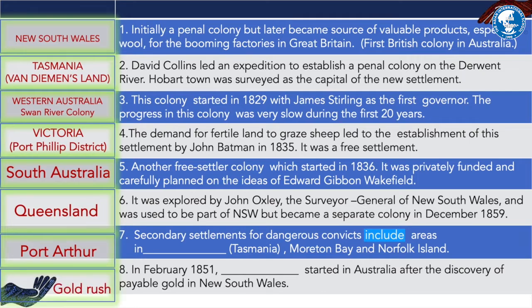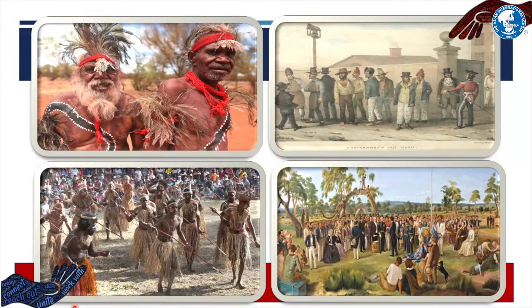Okay, good job. Okay, remember in our previous lesson, who occupied Australia long before the arrival of the Europeans? Well, the Aboriginals or Indigenous people. And when we say Indigenous people, they are the first people living in a country.